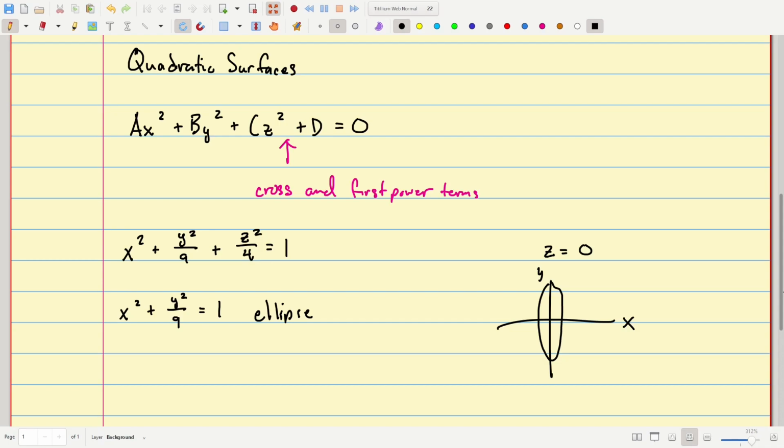We chose z out of convenience, but if you set y equal to 0, then that just means that you would need to plot in the xz plane. Okay, so this first trace is z equals 0.